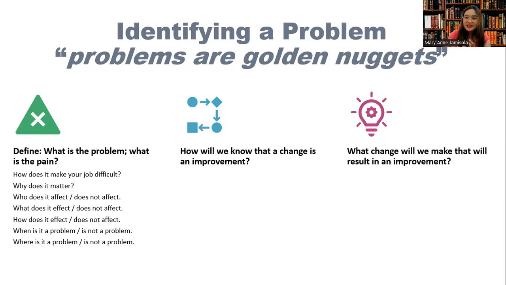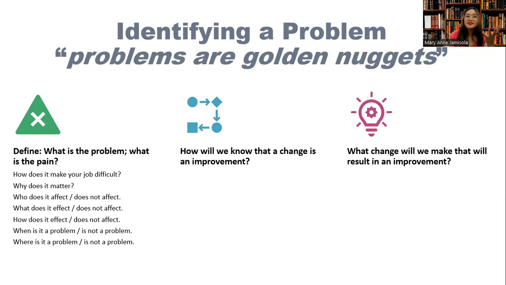Because only changes that result in an improvement are desirable. All other changes, if that specific change will not offer us an improvement, we do not want that change. Okay, so we need to choose what change will result in an improvement.